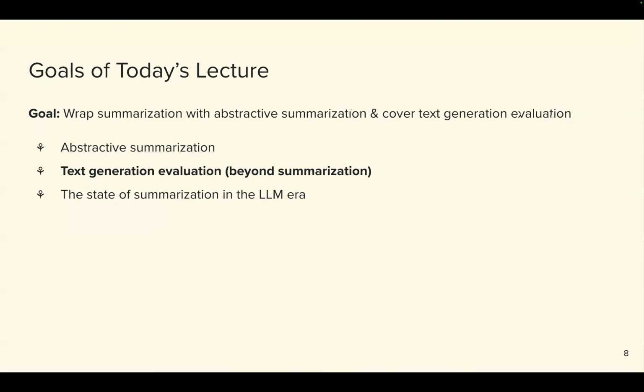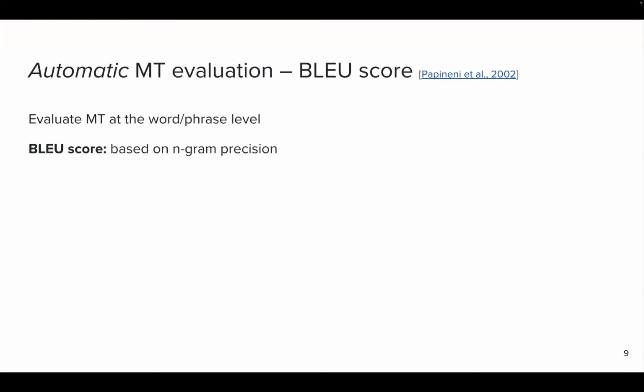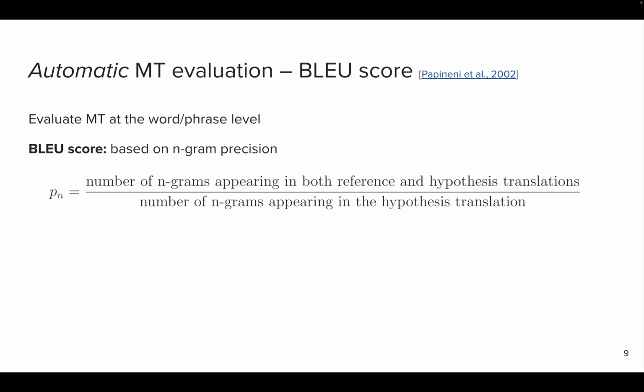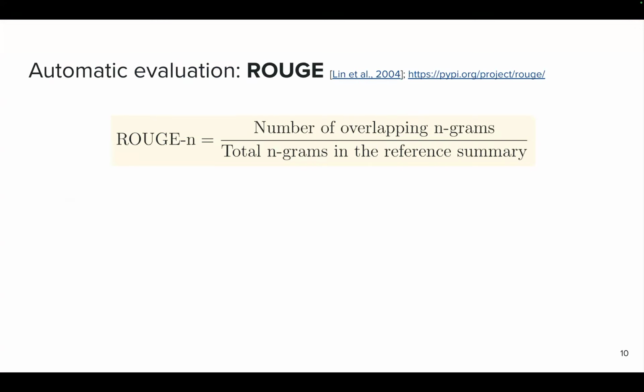Okay, so now we have seen both how to do the extractive summarization and how to do abstractive summarization. So how do we know whether our generated or extracted summaries are any good? The most standard measurement for automatic measure of summarization quality is ROUGE.